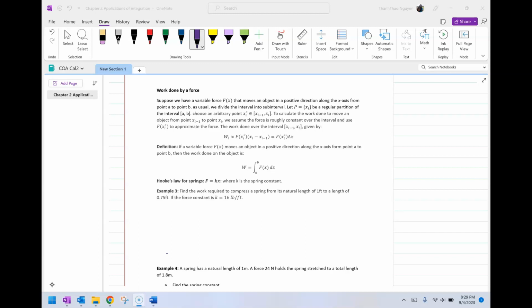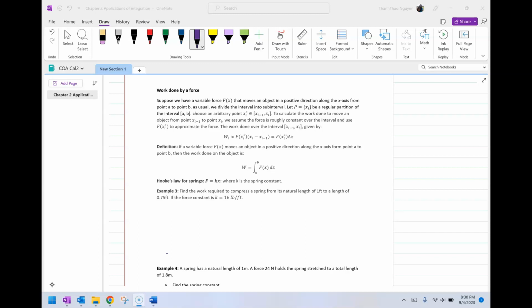We choose the arbitrary point x_i star that is in that small interval of x sub i minus 1 to x sub i to calculate the work done to move an object from point x sub i minus 1 to point x sub i. We assume the force is roughly constant over the interval and use f of x sub i star to approximate the force.